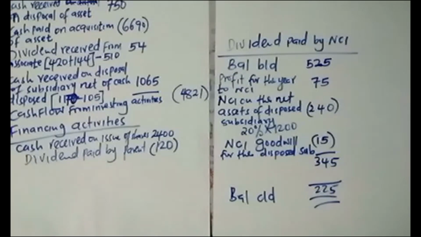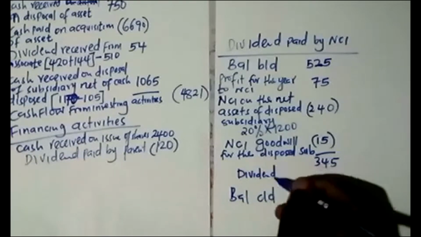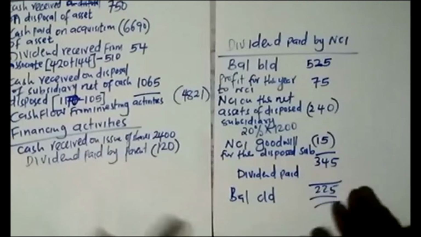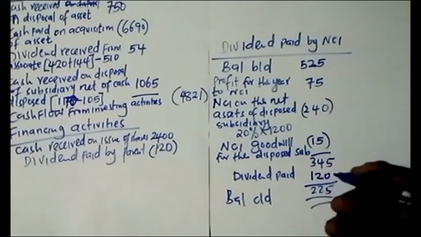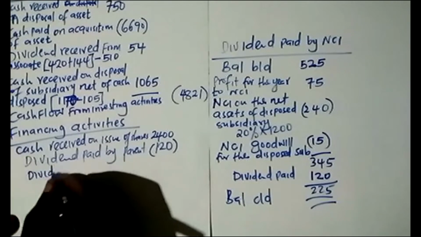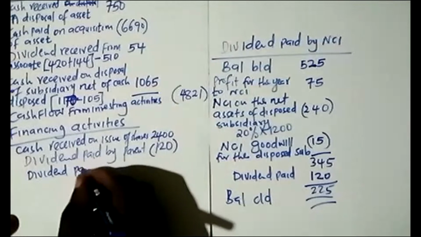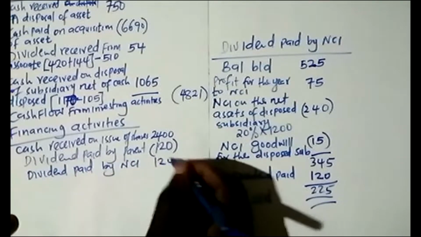It means that it reduced. Since it reduced, there were dividends paid. So the dividends paid is 345 minus 225. So this is 120. There is a dividend paid by NCI, the non-controlling interest, of 120.